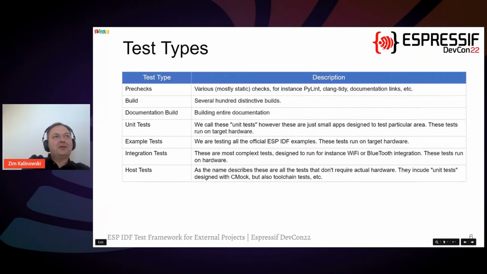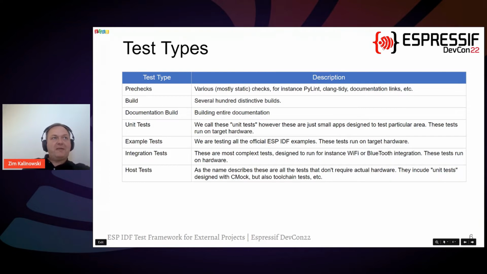Here I'd like to talk a little bit more about different test types. Our naming conventions for test types, well, sometimes may be a little bit different than common naming conventions, and that's why I'd like to explain it here.